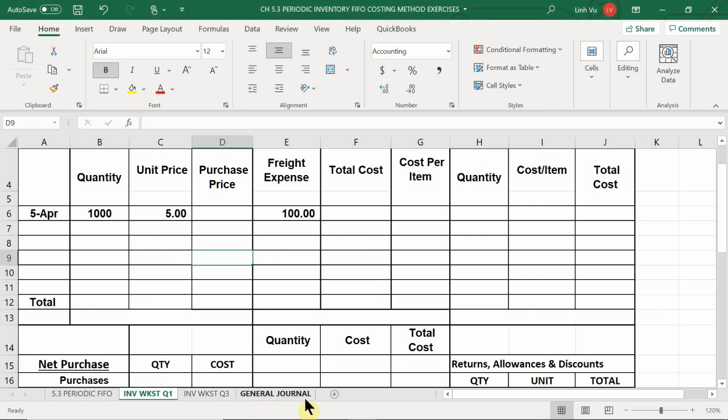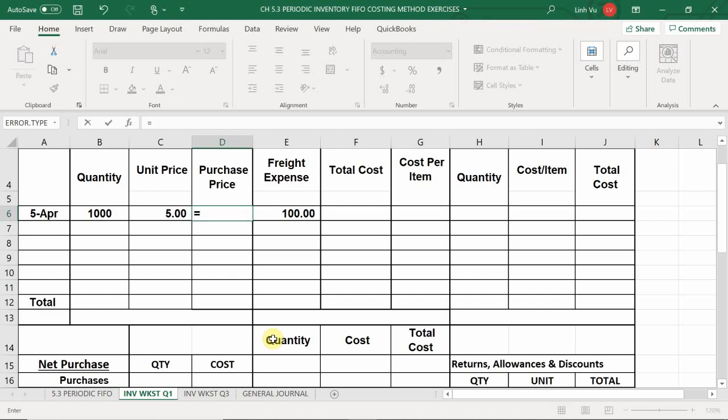And the very first formula we have here is going to be my purchase price.